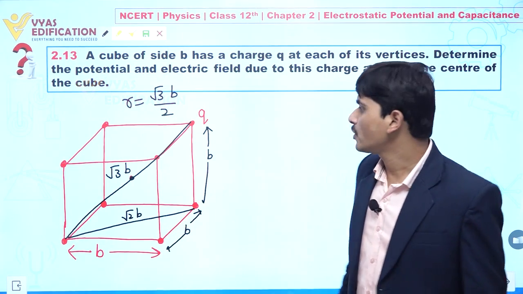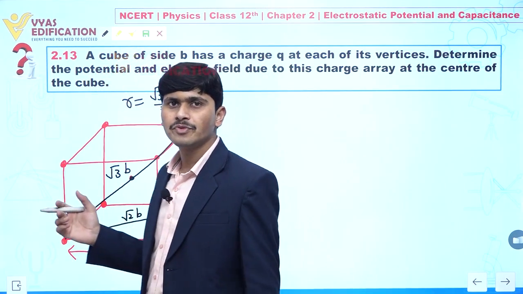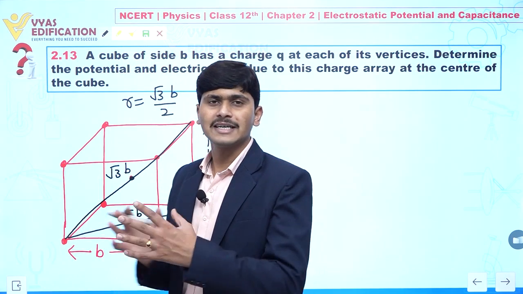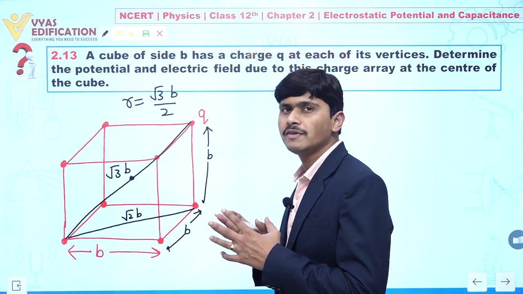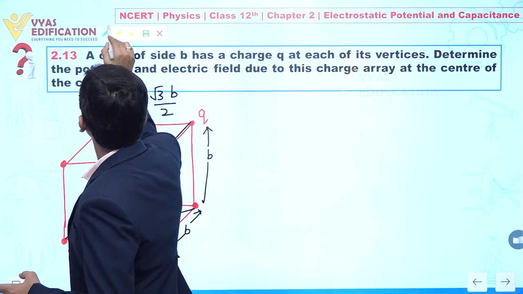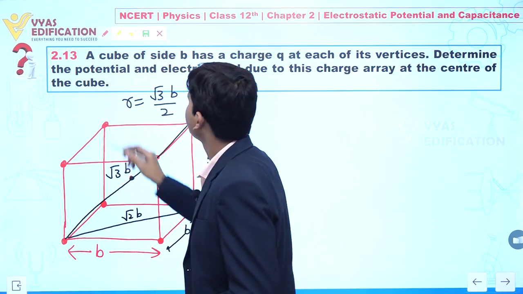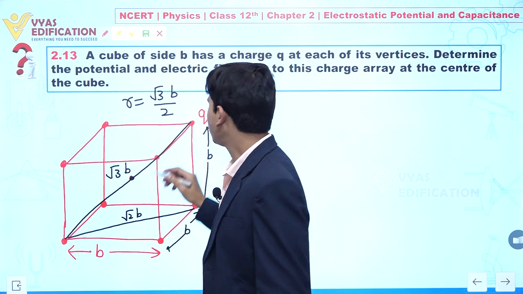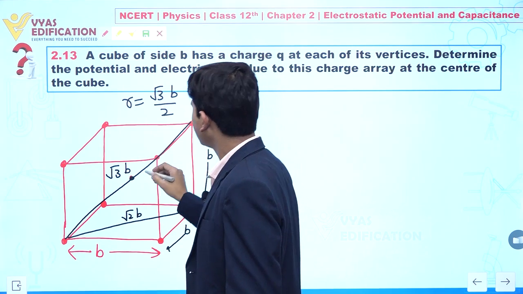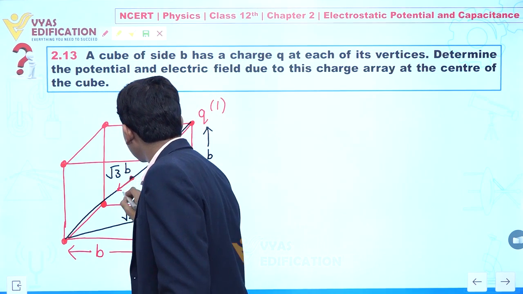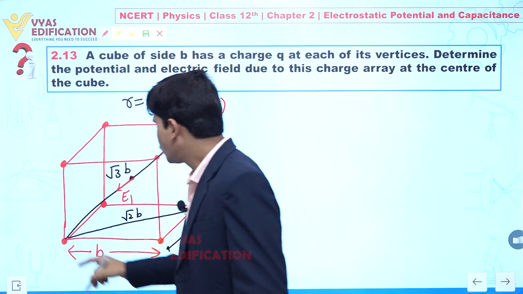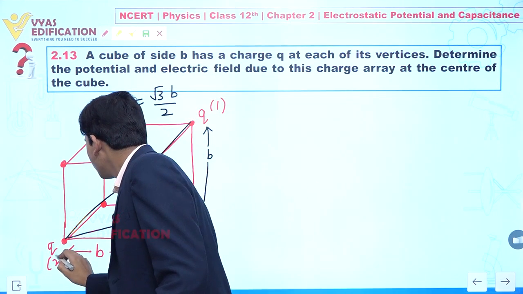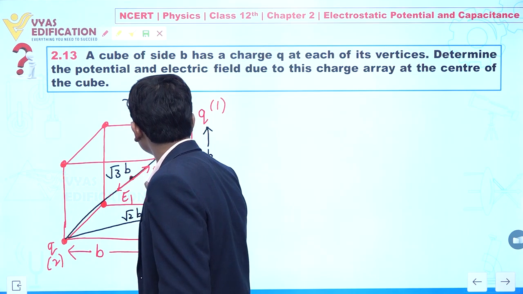So first of all, if we talk about the electric field due to all the charges at the center, how can we see it? Listen carefully. Let's suppose the electric field due to this charge 1 on this center is, definitely, in this direction, this is E1. Due to this charge, let's suppose this is 2, the electric field in this direction is E2.